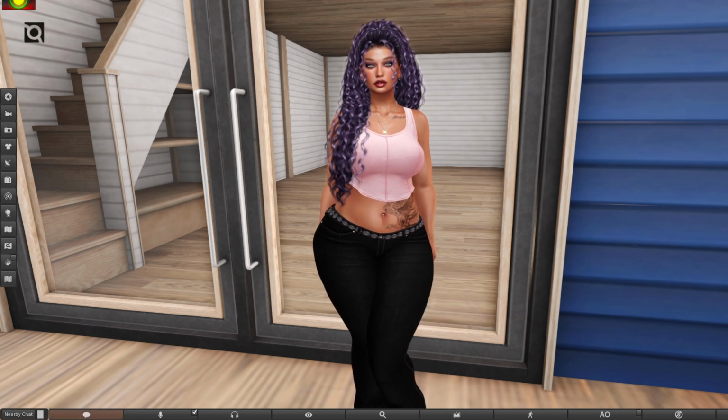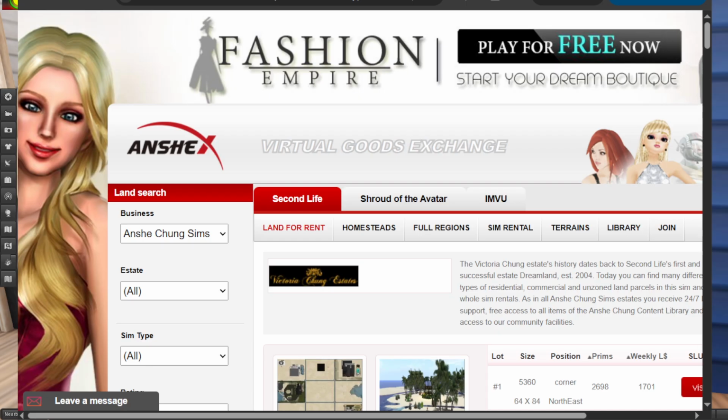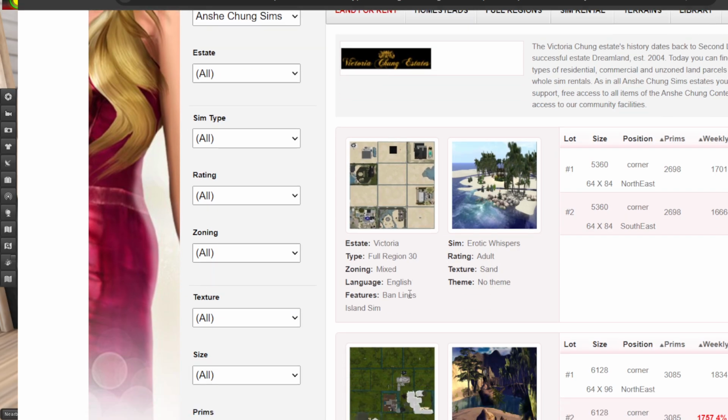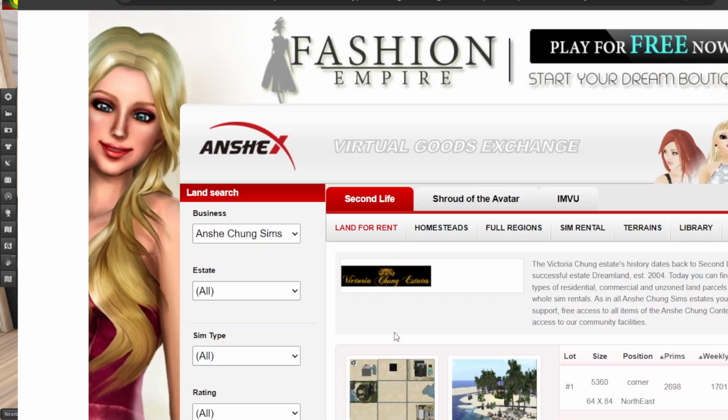This is basically what I was showing you in my last video. If you have a free membership, you can look at my last video and rent land that way from a landlord in Second Life. Let me just show you. This is the website that I showed you in my last video where I actually rent my land from. It's the cheapest place I found. I showed you how to use this website to find land, and that's linked down in the show notes.